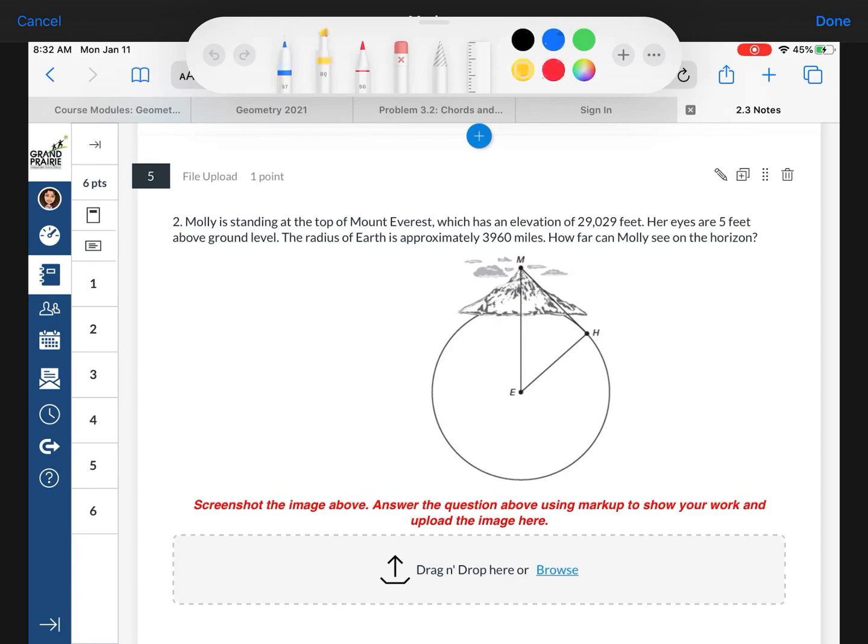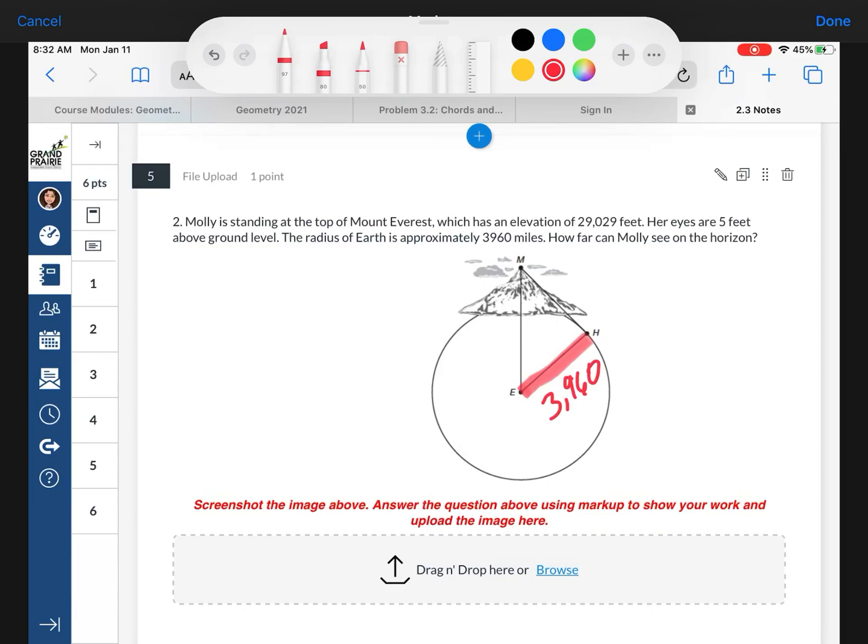So Molly's standing at the top of Mount Everest, okay? Which has an elevation of 29,029 feet. Her eyes are 5 feet above ground level. The radius of Earth is approximately 3,960 miles. So let's just fill in where all the pieces are. So the radius is the distance from the center to the side. That's the radius. And we're going to write that it's 3,960 miles of a distance.